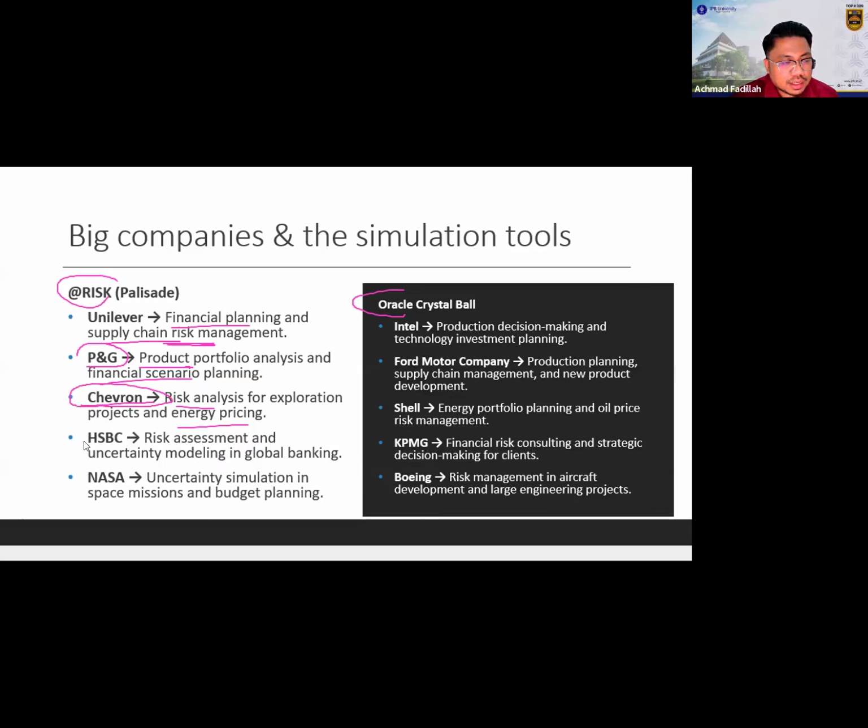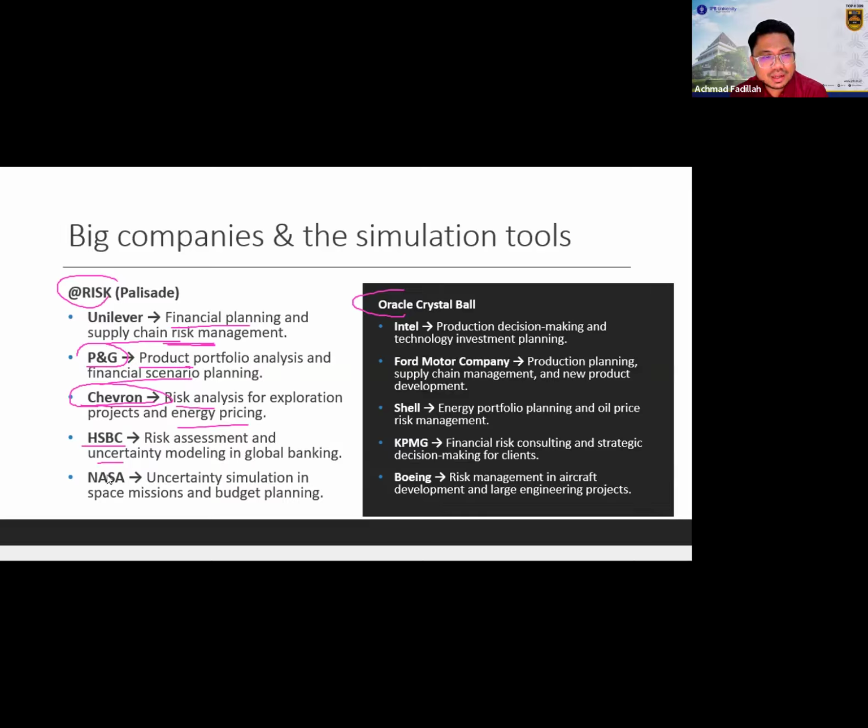Okay, and then HSBC, this is from banking. They also use it for risk assessment and uncertainty modeling in global banking. And NASA even simulates for their space missions and for budget planning, because this is a very expensive project.